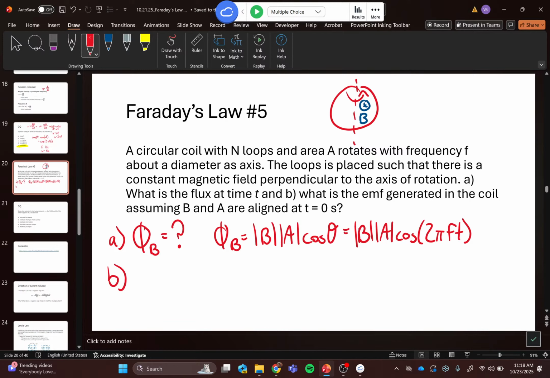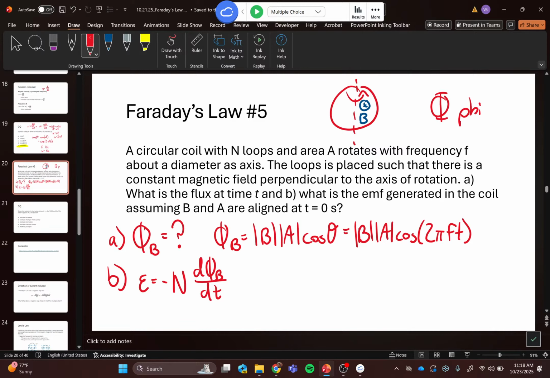All right. B. Find the EMF. EMF is defined as negative N d flux dt. The symbol for flux is phi, P-H-I, a capital phi. All the fun.